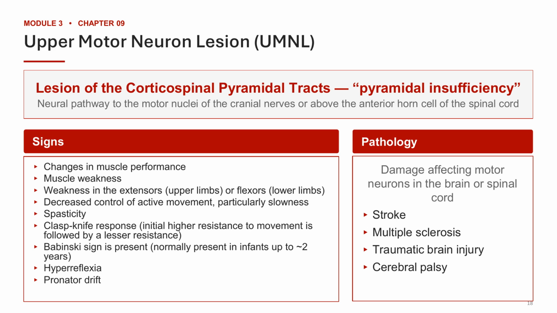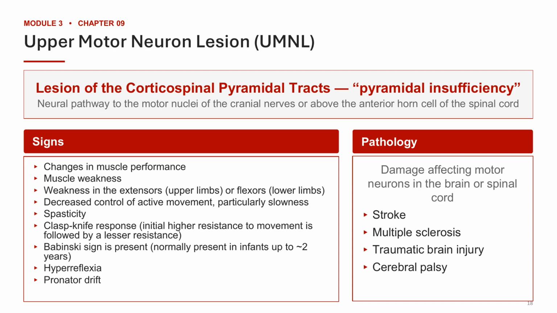Start with muscle performance. There is weakness, but note its distribution because this is a classic examination question. The weakness falls on the extensors in the upper limb and the flexors in the lower limb. That is why the chronic hemiplegic posture is a flexed arm and an extended leg. The stronger groups win.